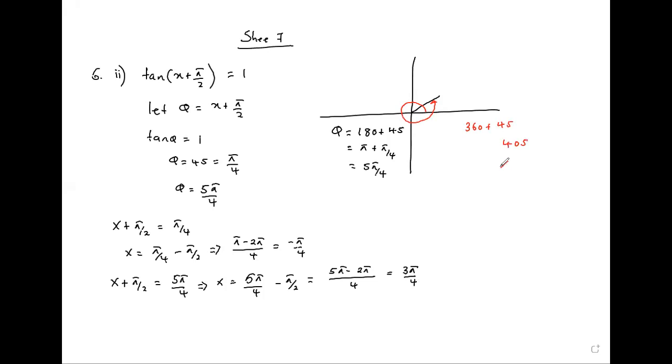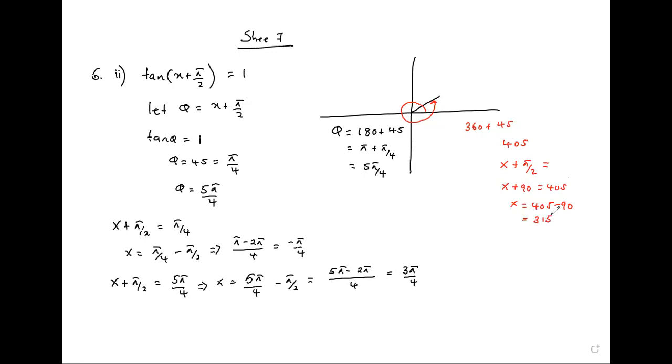Then you say x plus pi over 2 is equal to, let me use 90, since pi over 2 is 90, is equal to 405. So x is equal to 405 minus 90. You'll see that what we are getting here is 315.